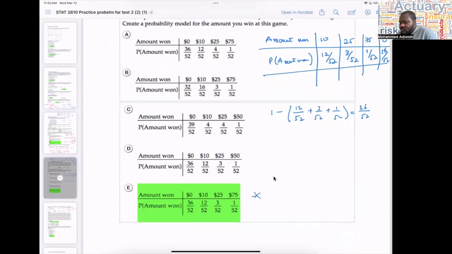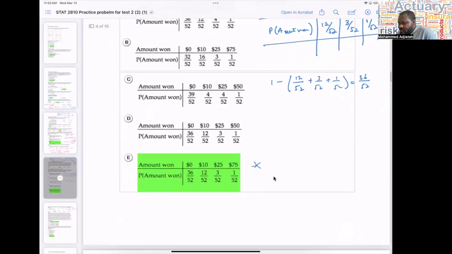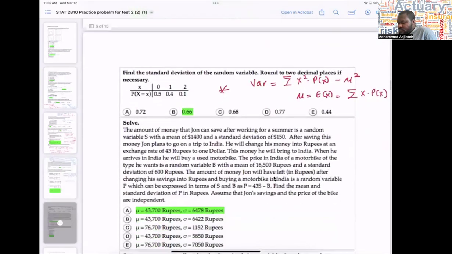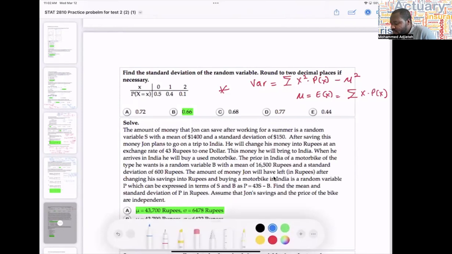Okay. Now let's proceed. For this one, we are asked to find the standard deviation of the random variable, and we should round to 2 decimal places. So you just have to look at the formula. Remember, to find the standard deviation, we need the variance. We know that SD is equal to the square root of the variance.